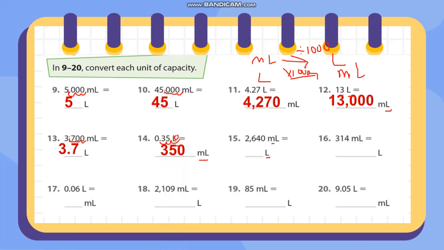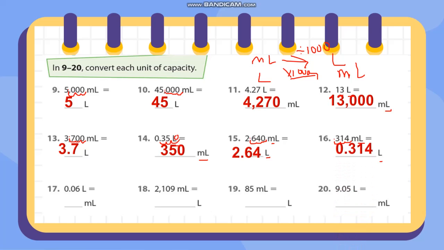Milliliter to liter, divide by 1,000, so 1, 2, and 3. So the decimal is in between 2 and 6, so the answer is 2.64 or 2.640. Milliliter to liter, divide, 3 movements, 1, 2, 3, because we divide by 1,000. So the decimal is here now, so the answer is 0.314.